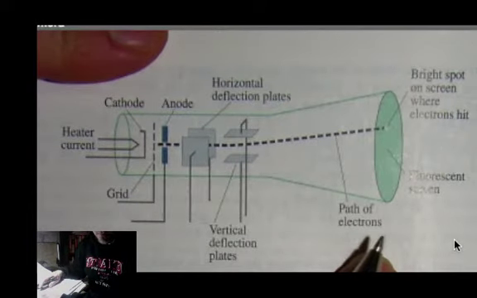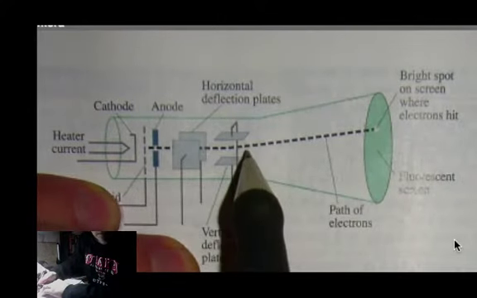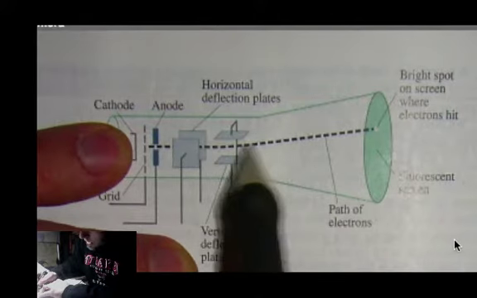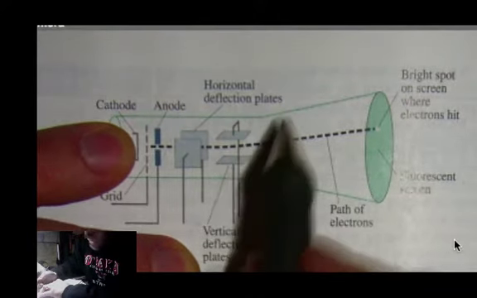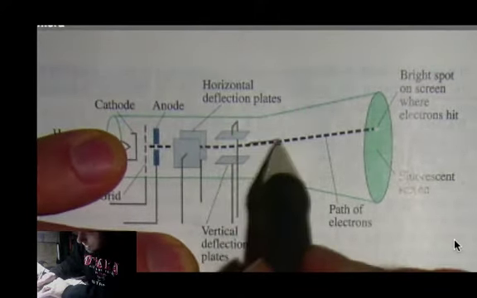The last component of the CRT occurs when the electron leaves the deflecting plates at this point, and as it leaves, it has a determined now velocity. That velocity is going to be right down this path right here.